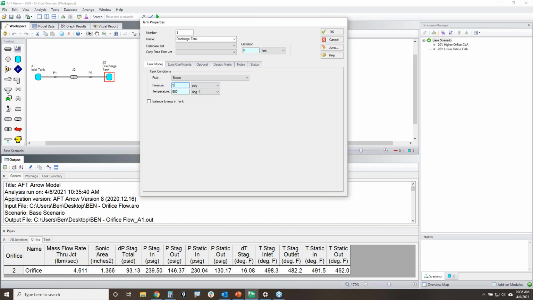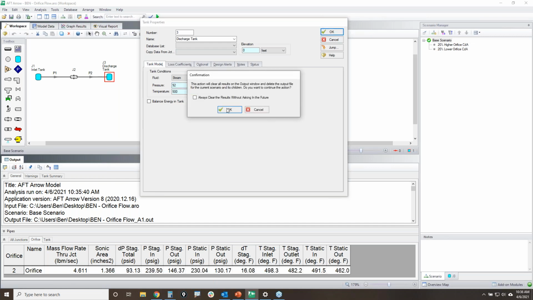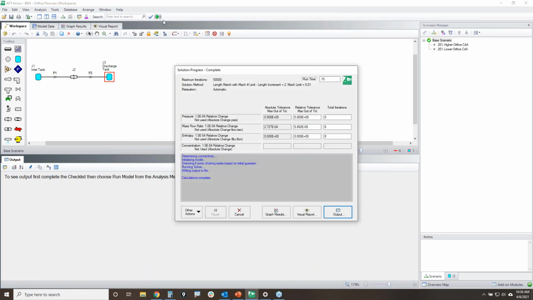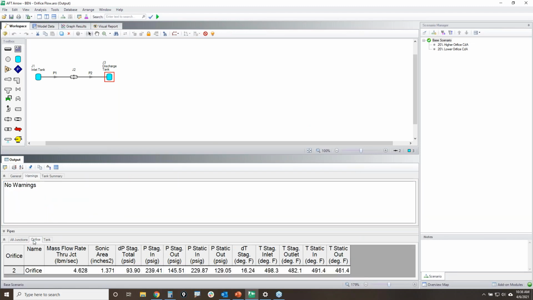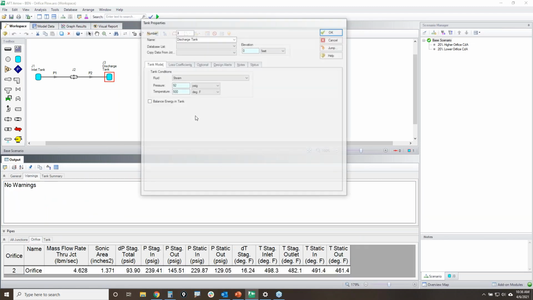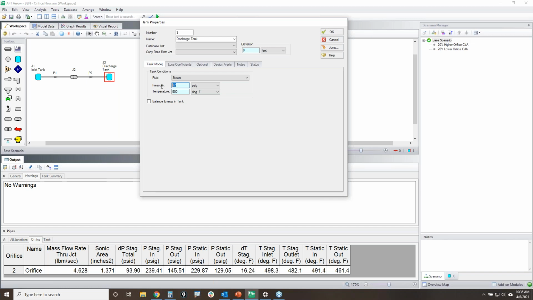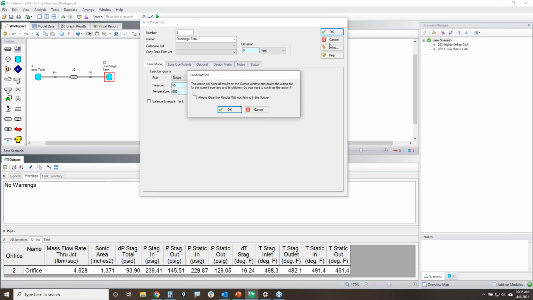So I'm going to set this down to 92. No sonic choking, so let's lower the pressure again. I think it was actually between 90 and 80. So I went in the wrong direction. Let's try 85 psig.